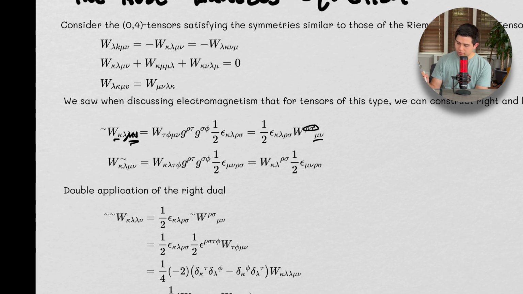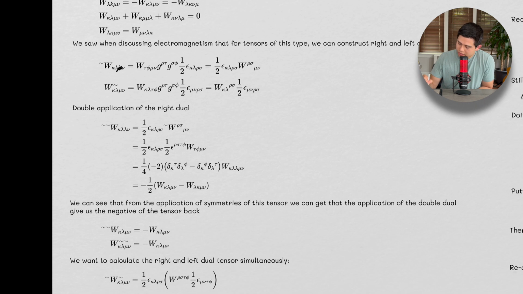Here we're doing the opposite: we're raising the left two. We're not going to go back into the details of these tensors, but we are going to rely heavily on them. So if you want a refresher, you can go back a few videos and look at the E&M material where we introduced this.